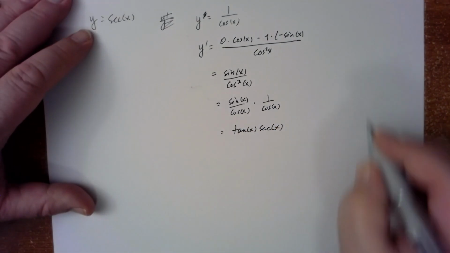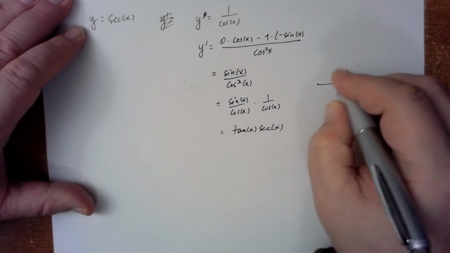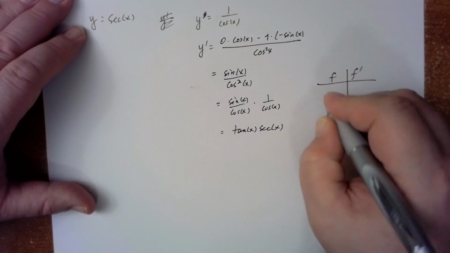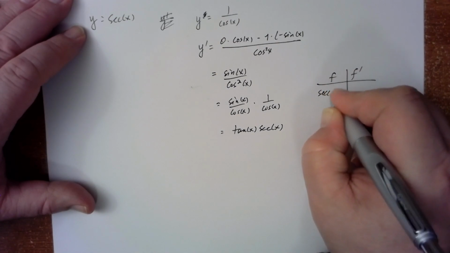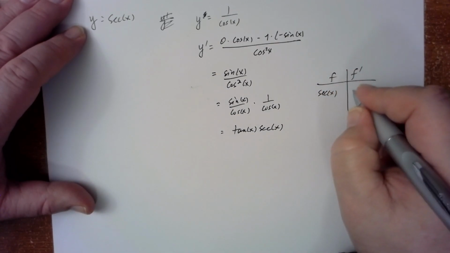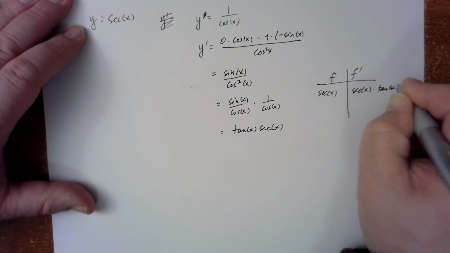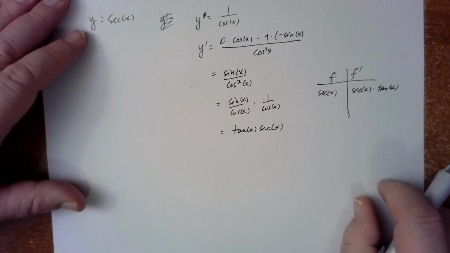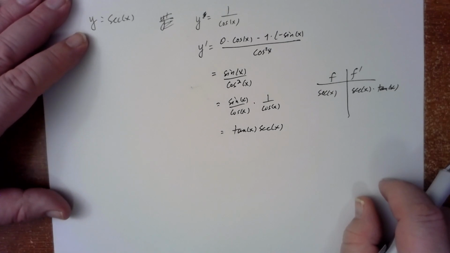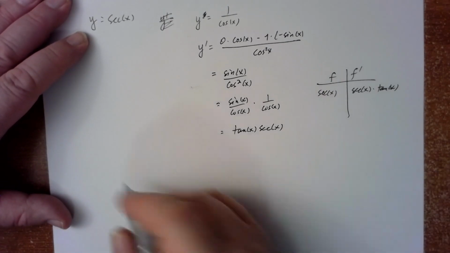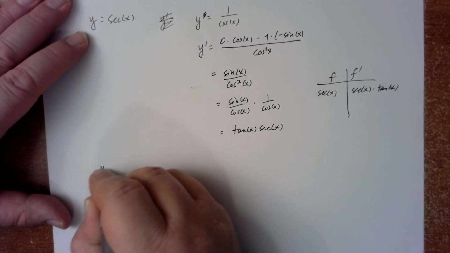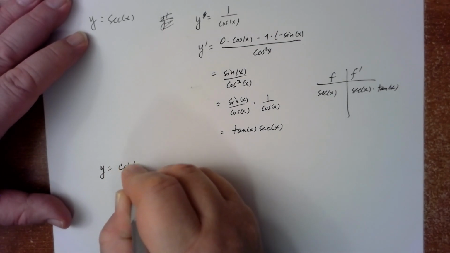Okay, and so therefore, when you're building your table of derivatives here, the derivative of the secant is sometimes people call it secant times tangent, or tangent times secant, however you want to write it. Very good.